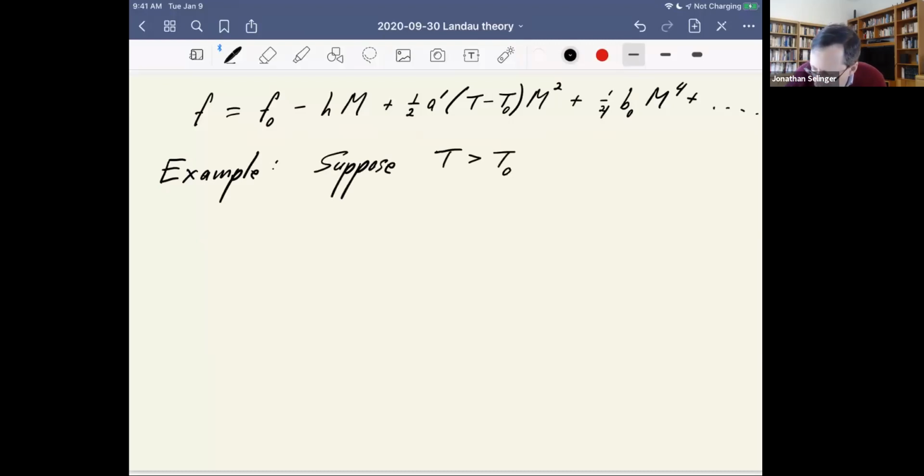And we put on a magnetic field, H not equal to 0. Then we could ask how much magnetic order is induced by the field. So let's calculate the M that is induced by H.